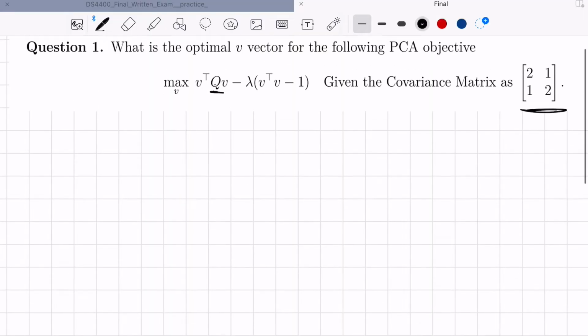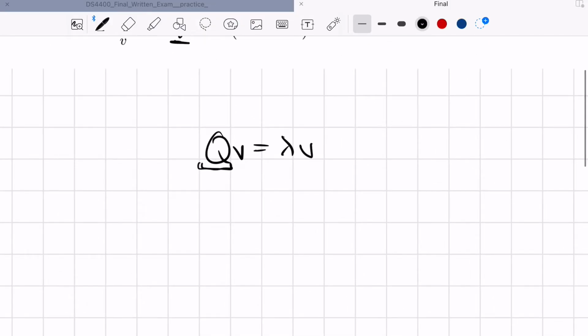If you remember, we have the following identity. I'm just going to keep Q. Q times some eigenvector V is equal to lambda times V. Basically what this is saying is if we apply some transformation Q to one of its eigenvectors V, that's just the same thing as scaling the same eigenvector V by its eigenvalue.